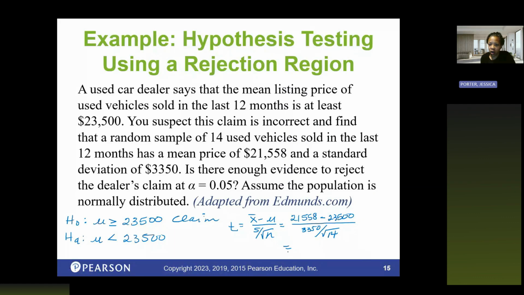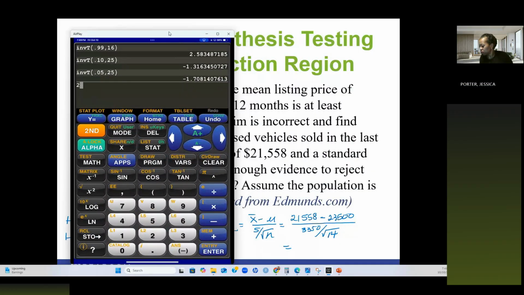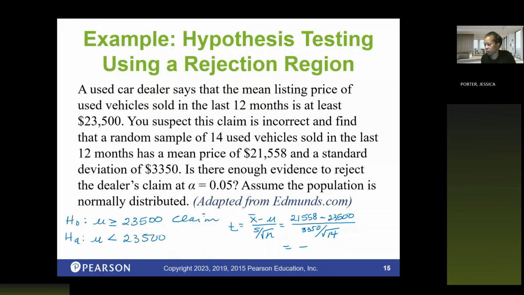So let's find what that t value is. 21,558 minus 23,500 divided by 3350 divided by the square root of 14 is negative 2.17. And notice this is a left tail test.